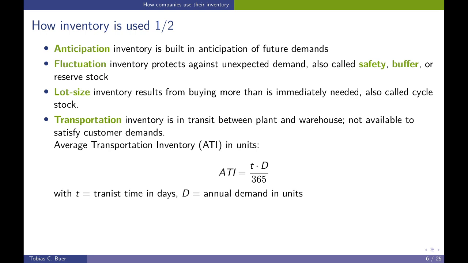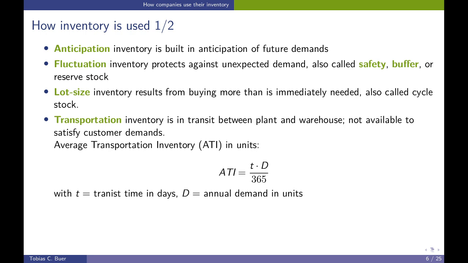We have some transportation inventory. These are goods that are in transit, for example, between our plants and our warehouses. And they are not really available to satisfy customer demands because they are, for example, packed in a truck or in a container. And we can easily calculate this average transportation inventory. This is done in the following way.